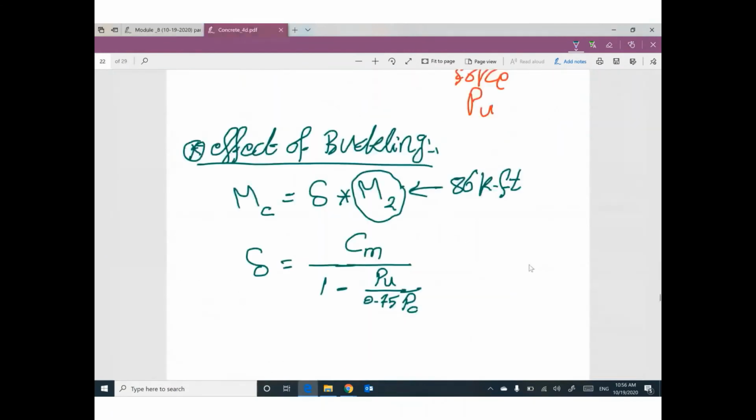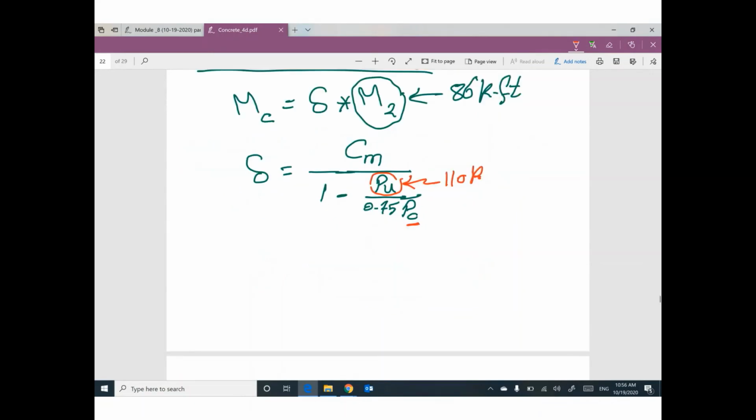Don't forget, P ultimate is given. How much? I think 110 kip. So we're still looking for Pc and Cm. Okay, let's do Cm. Very easy. Cm equals 0.6 plus 0.4 M1 divided by M2.